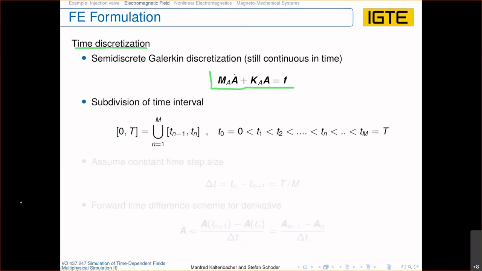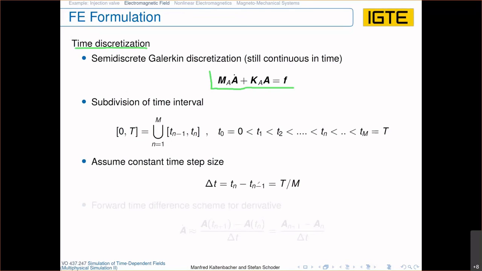For simplicity, let's assume we have a constant time step, and this delta t, which is in general nothing else as Tn minus Tn-1.